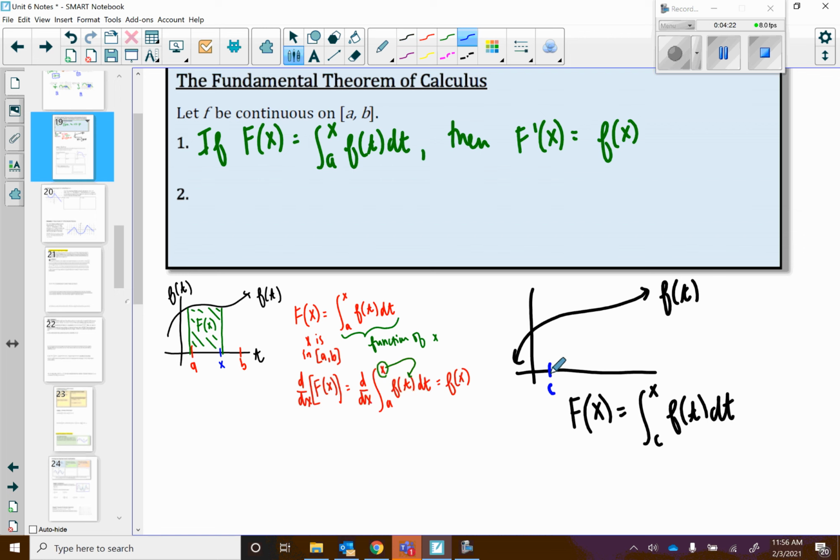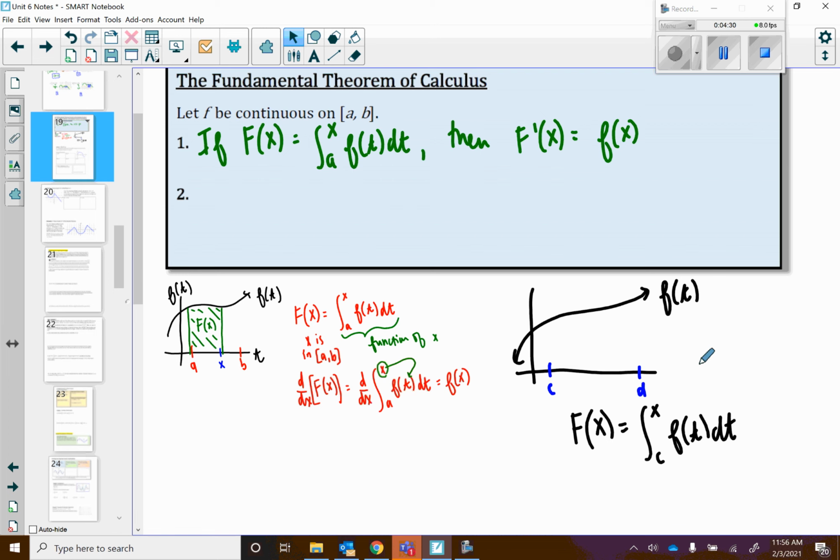We'll say c is right here. We'll go d, because I want to use a and b in this one, so I'm using different variables. And x, okay, x is a value between c and d. So capital F of x, we know, is this area under the curve.